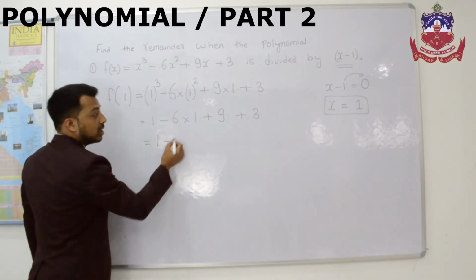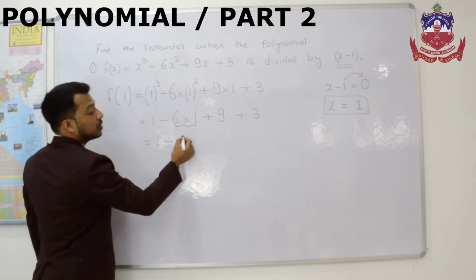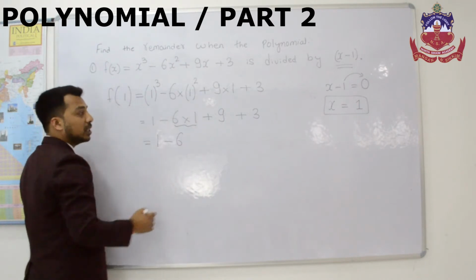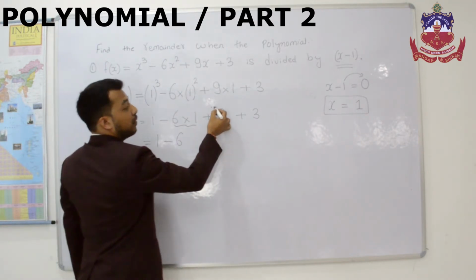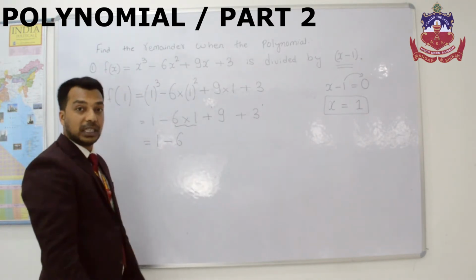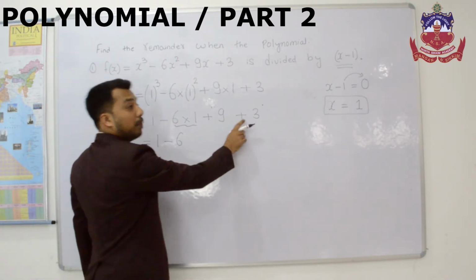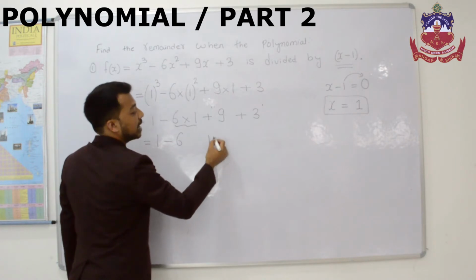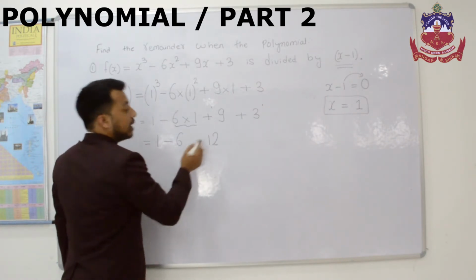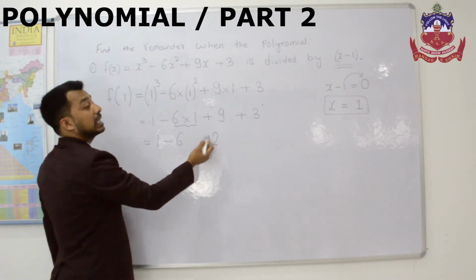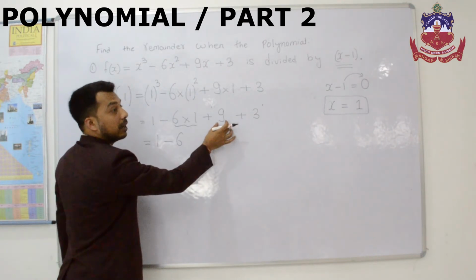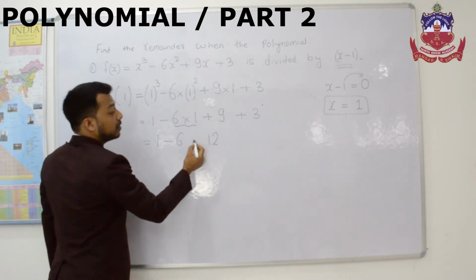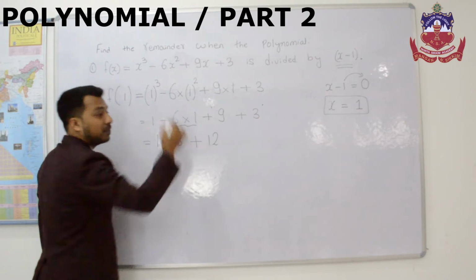Let's go to the next step. 1 minus 6 times 1 is 6. Both of them have the positive sign, so plus and plus give us plus. 9 plus 3 will give the answer 12, and in front of that we write the sign of the bigger number, which is 9. So 9 has a positive sign, so in front of the 12 we will write the positive sign.